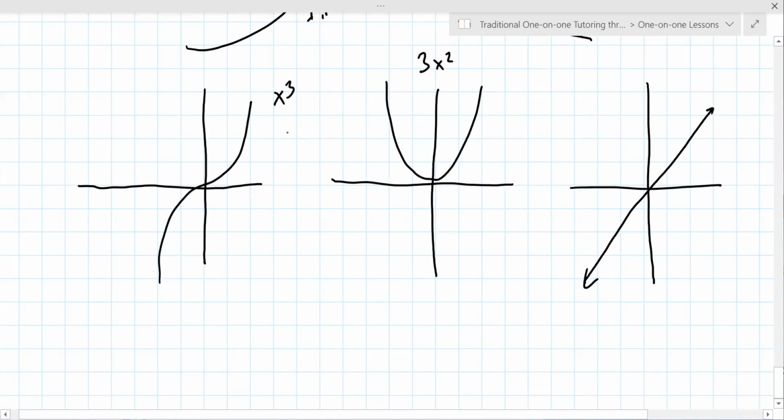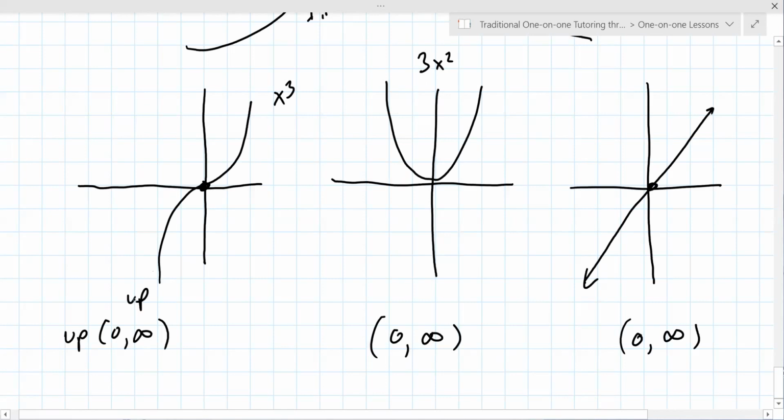Where is x cubed concave up? From 0 to infinity. Where is the second derivative positive? 0 to infinity. Where is the first derivative increasing? 0 to infinity. So notice I'm asking you the same thing.